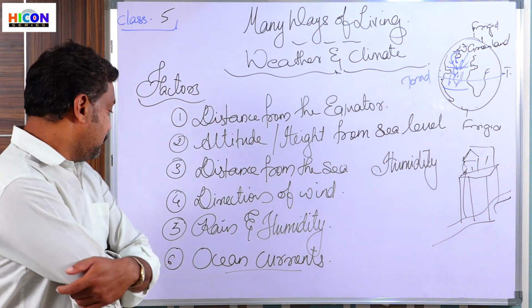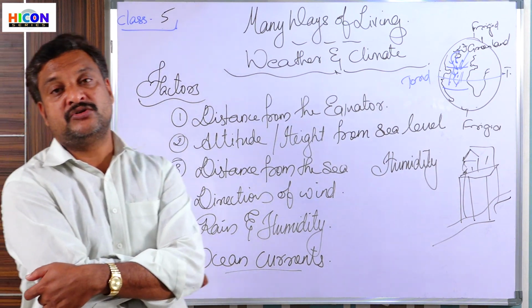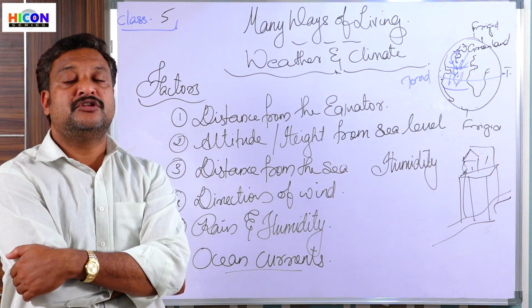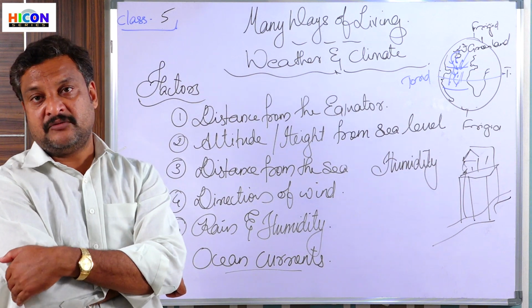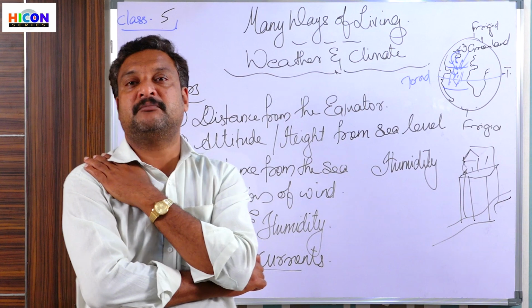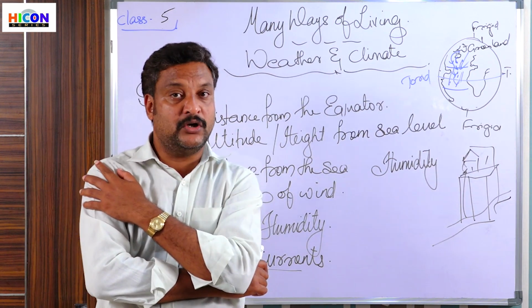Right? Now, ocean currents. The water in the oceans also moves just like the wind above. The movement of the ocean waters is based on temperature levels. The regions around the equator are comparatively hotter than the polar regions, which are much cooler.